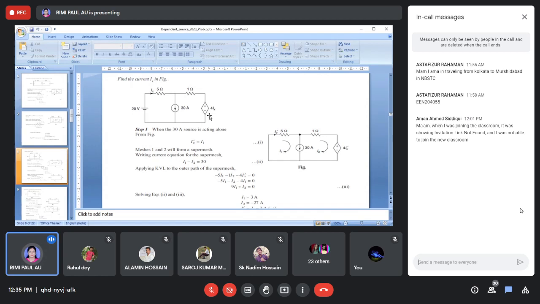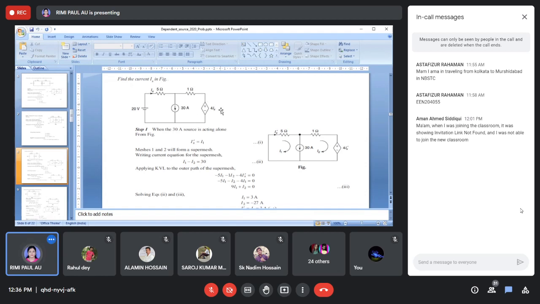Suppose you want to apply the superposition theorem. In the case of superposition theorem, you have to remember that if the source is independent and it is a voltage source, then I can short the path. If it is a current source, I can open this path, or rather, remove this current source, and I can solve the problem without it. But can I remove this source?